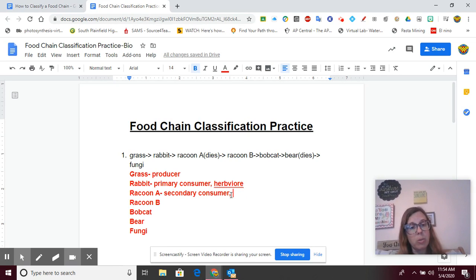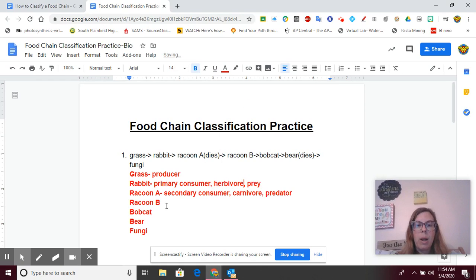The raccoon is eating the rabbit, so that makes it a carnivore. Now the fourth question. Is it a predator, a decomposer, or a scavenger? Well, the rabbit was not dead before the raccoon ate it, so that makes the raccoon a predator. And we have to remember, when we make something a predator, we go back and label the organism above it prey.